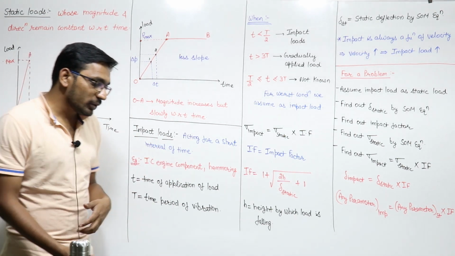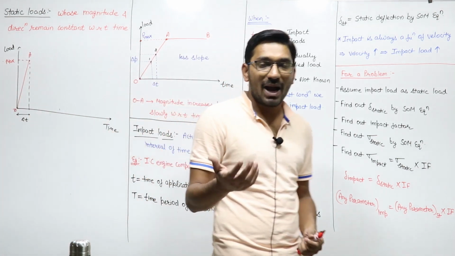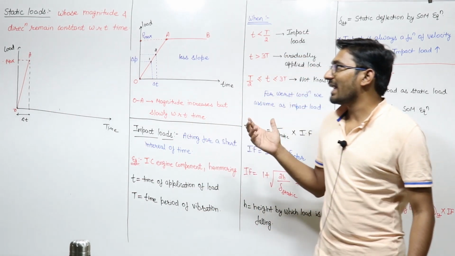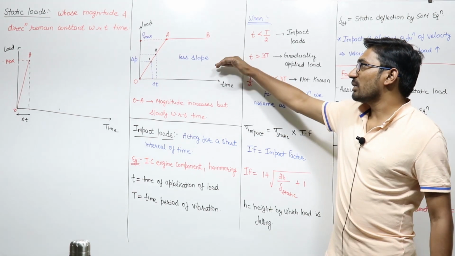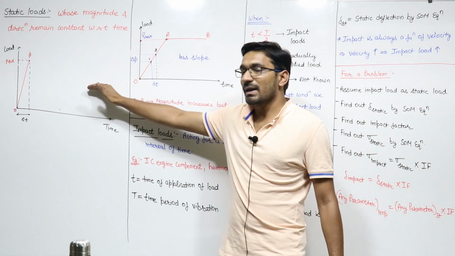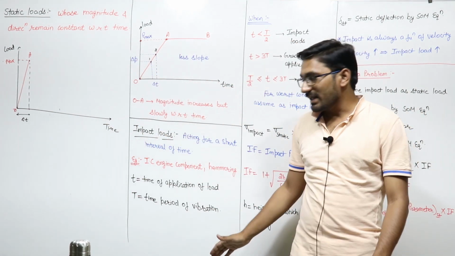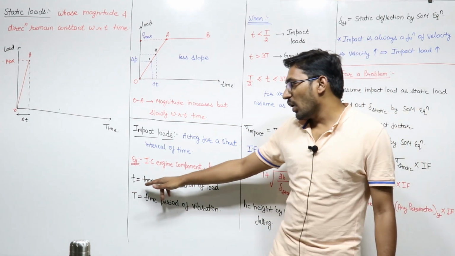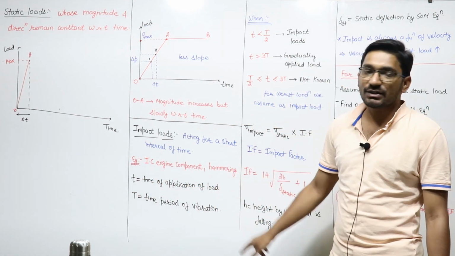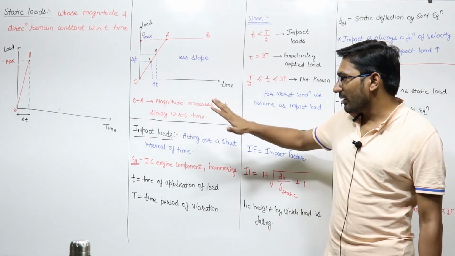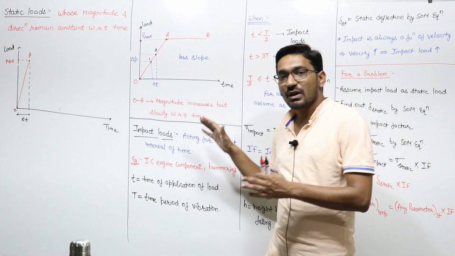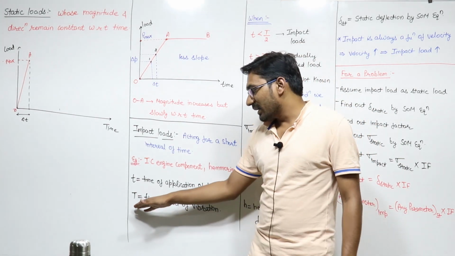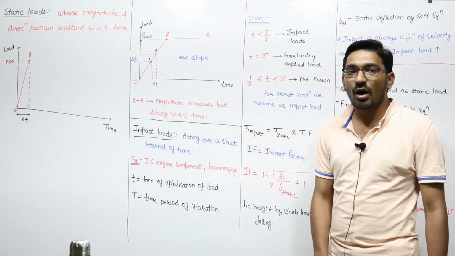If you want to differentiate between a gradually applied load and an impact load, we have some criteria. Let us say small t is the time of application of load, the amount of time for which the load is acting, and capital T is the time period of vibration.